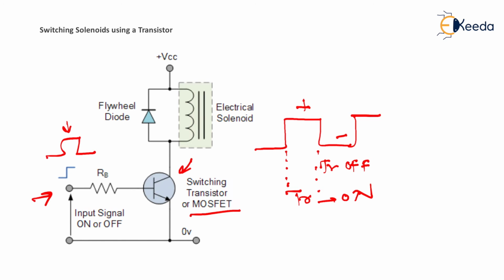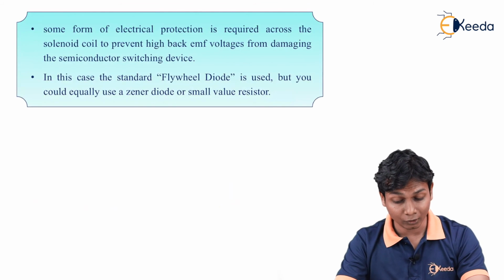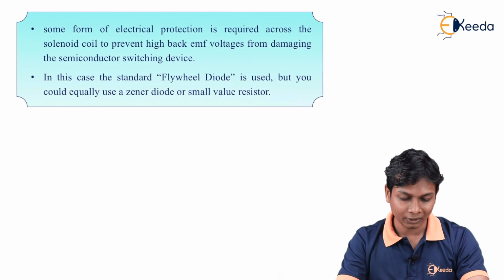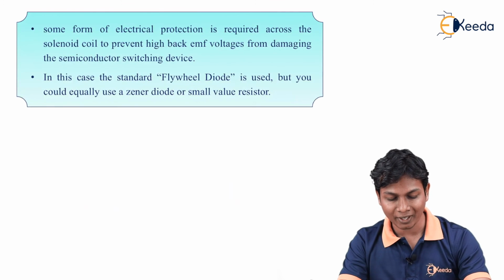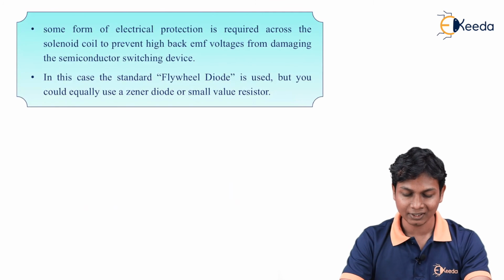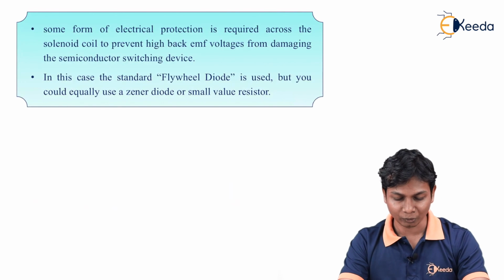The switching of this transistor is controlled, and the output is protected by the flywheel diode and connected to the solenoid coil. Some form of electrical protection is required across the solenoid coil, to prevent the high back EMF voltage from damaging the semiconductor switching devices. This type of diode is used for the protection purpose.